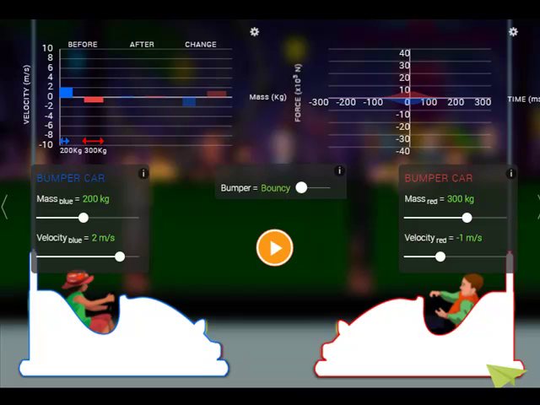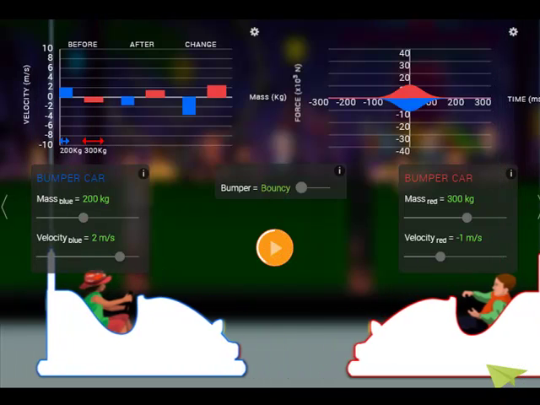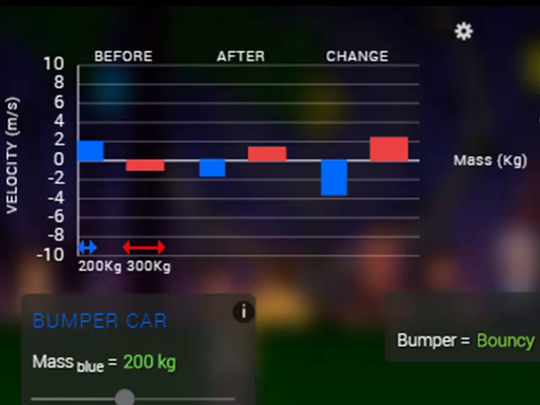Now notice our momentum before is exactly the same as it was in our inelastic run, but notice our momentum after and our change of momentum will be greater this time. I'll run this. Greater changes of momentum, because we see that the objects not only stop but they change direction.